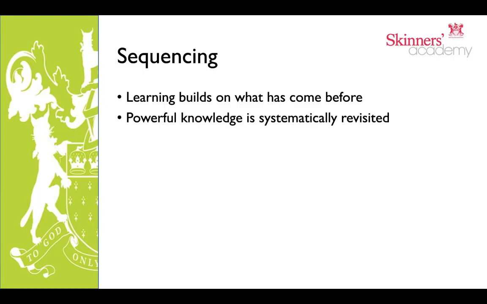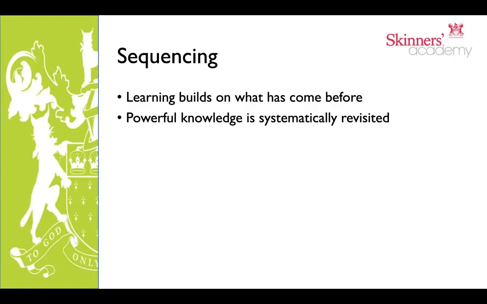Now, when we are sequencing, this is very closely tied to powerful knowledge. When we've identified the most powerful concepts within our subject, what we're saying is that they are that nexus of the schema. They are the central concept, the central point, without which it is difficult to understand all of the other ideas.